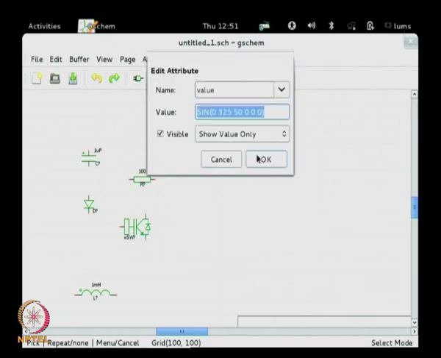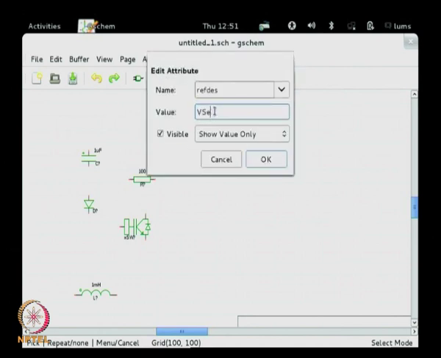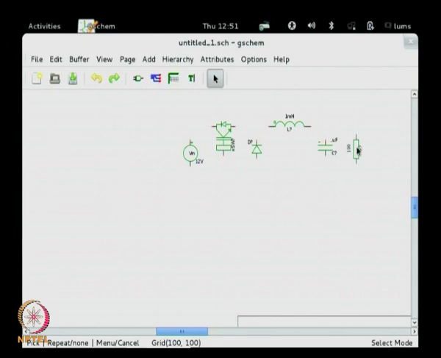So, this is DC of let us say 12 volts. This is V in, and let us have a switch, diode for freewheeling, inductor, capacitance, and the load resistance.